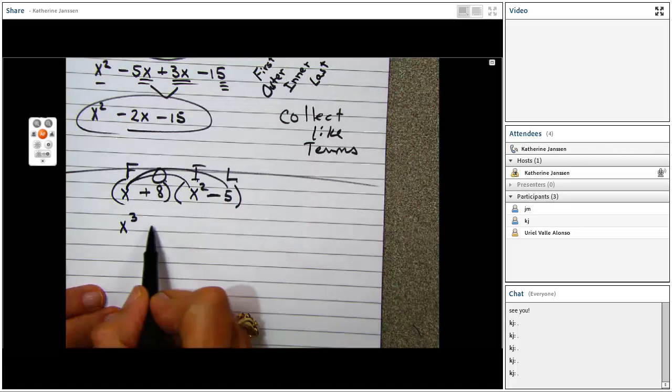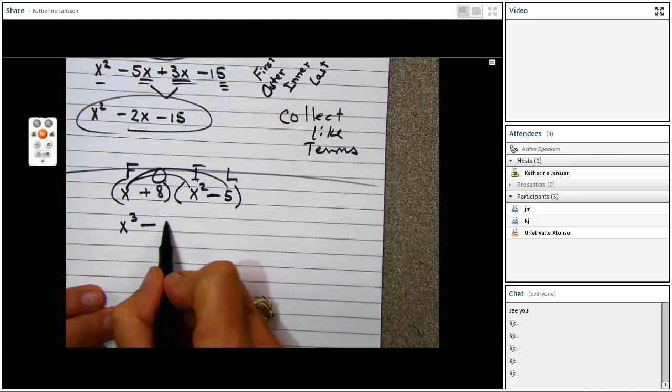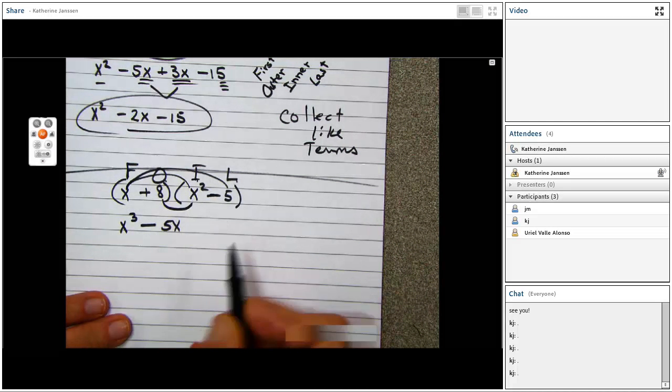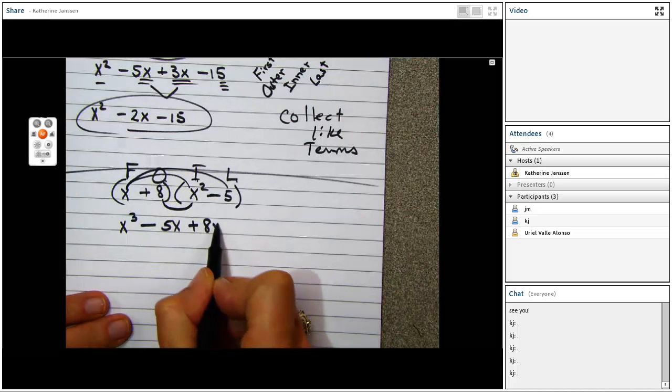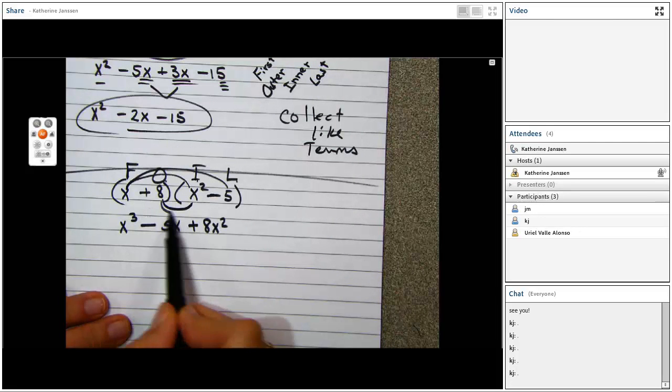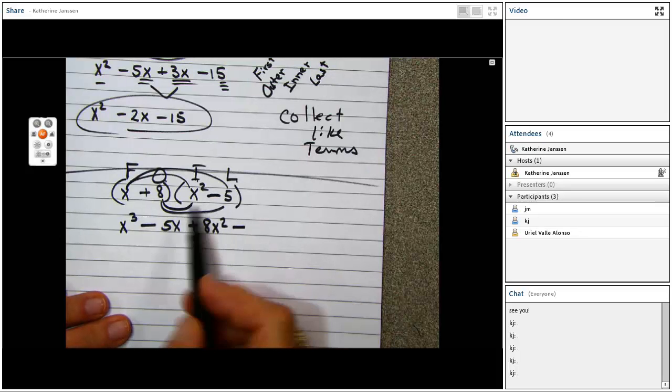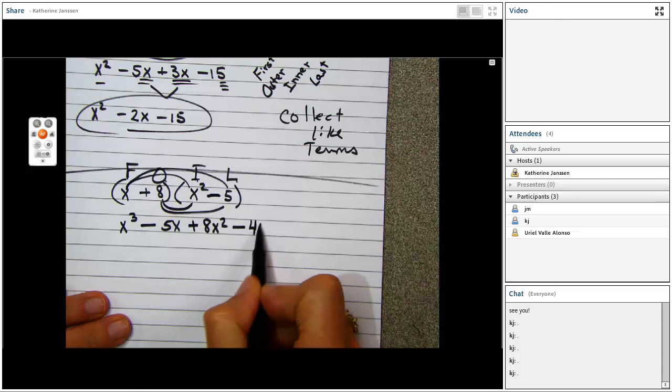Pick up my sign. X times 5 is 5x for the outer terms. My inner term is 8 times x squared. And my last term, pick up your sign. 8 times 5 is 40.